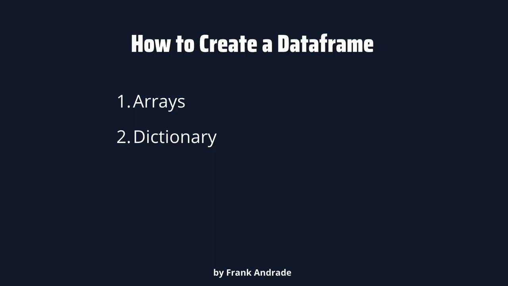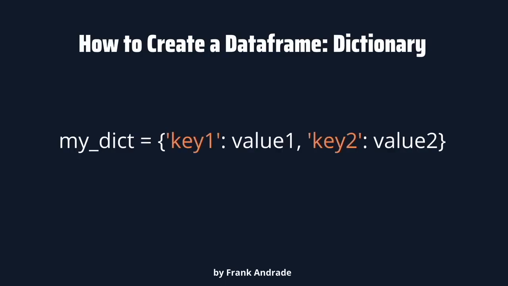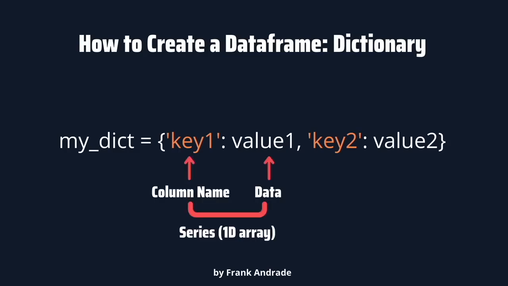The second option is dictionaries. You can create a data frame with dictionaries. As you might remember, a dictionary has a key and a value. We can use the key as the column name and the value as the data.